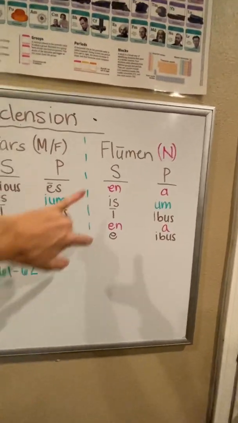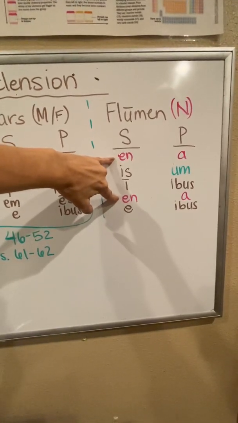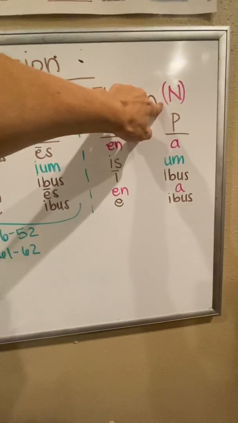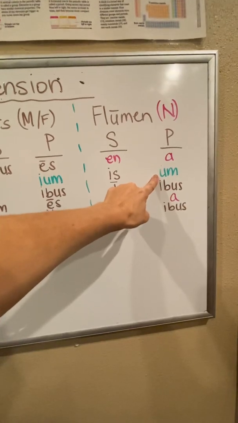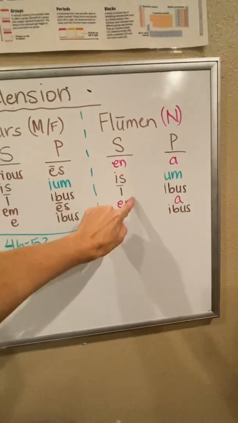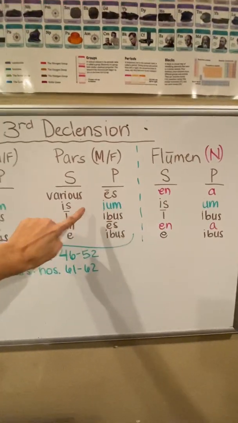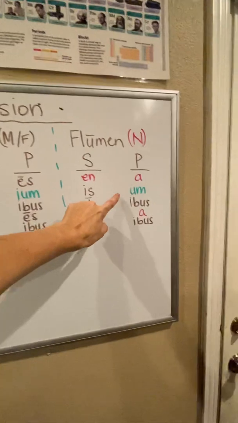I highlighted the things that repeat because the nominative and accusative are always the same in the neuter. And you'll always have an A in the plural when it's a neuter word. And then you'll also notice the only difference here is the genitive again. Not necessarily the only difference, I just showed you these. But the difference between the IUM and the UM is that it's going to follow this UM ending, but it's neuter, okay?